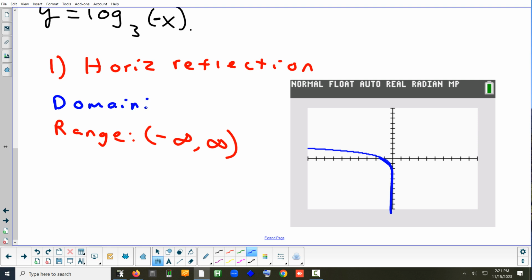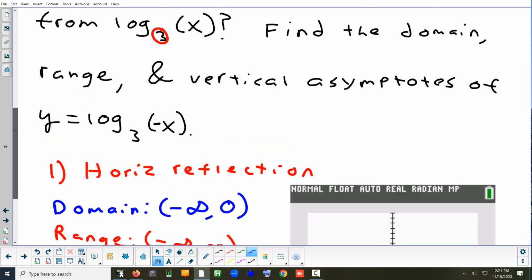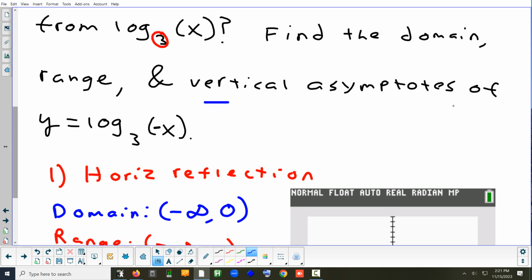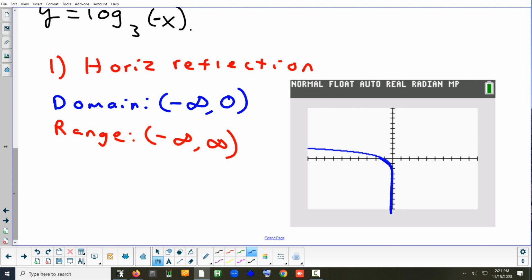Okay, so what's the domain there? How far left does it go? Negative infinity. Goes to the left forever. And how far right does it go? To 0. Does it reach 0? No, never reaches 0. So the fact that it never reaches 0 answers that question. The vertical asymptote is what you get very close to, but never reach.